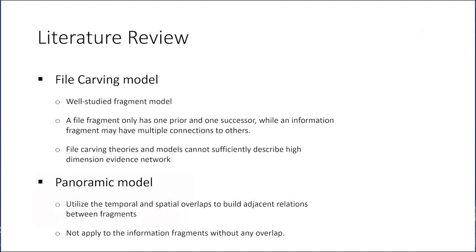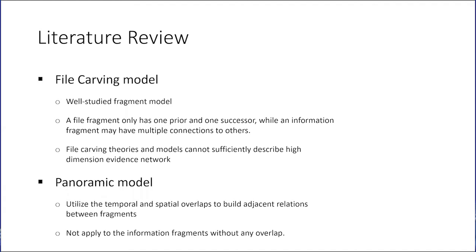In the literature review, we actually studied the mature models to correlate information pieces. One is the file carving model. The other is the panoramic model. Both are well-studied fragment models.